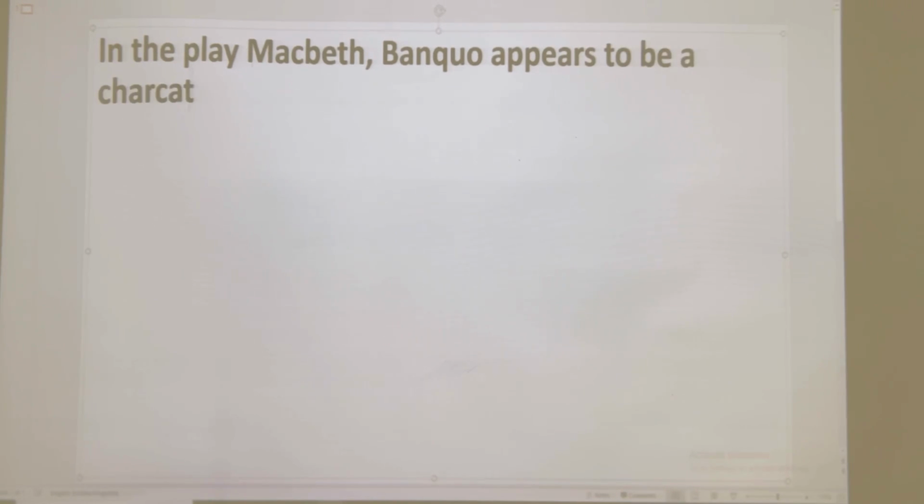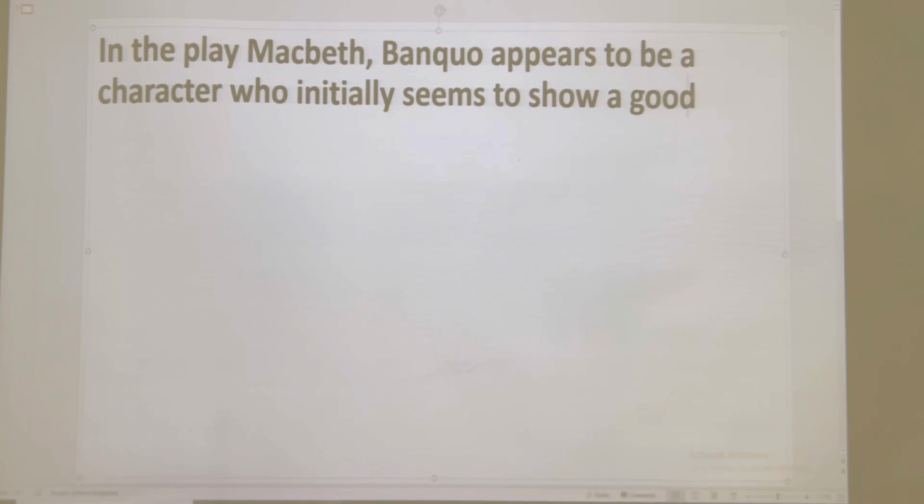In the play Macbeth, Banquo appears to be a character who initially seems to show a good understanding of the witches.